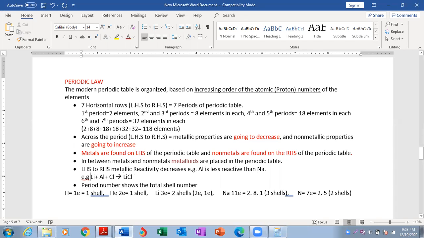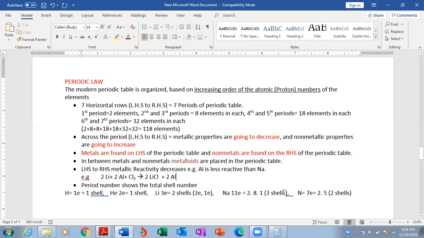So we have two moles of lithium, two moles of aluminium, and we have a chlorine molecule, because chlorine is a diatomic substance. What will happen? The lithium will react with chlorine, but what about aluminium? Aluminium will not react.